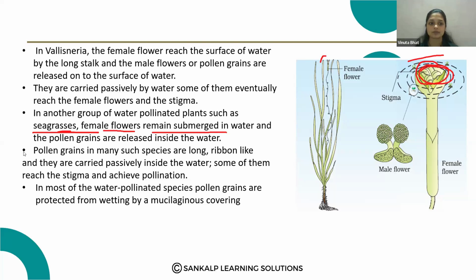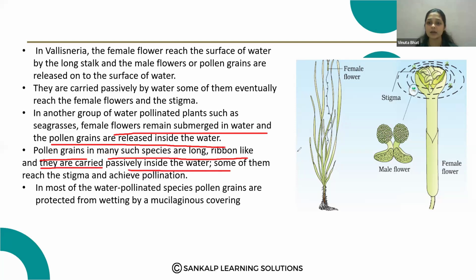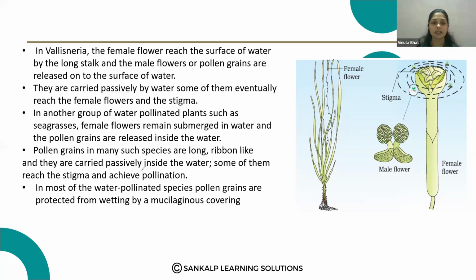Okay. Zostera. Here female flowers remain submerged in water and the pollen grains are released inside the water, and pollen grains in many such species are long ribbon like and they are carried passively inside the water. So the male flowers release the pollen grains, and what are the characteristics of the pollen grains of the water pollinated plants?